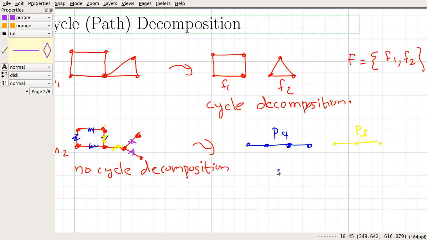So again we have one more P3. So here we have a path decomposition for this graph: this subgraph, this subgraph and this subgraph. So this is a path decomposition.